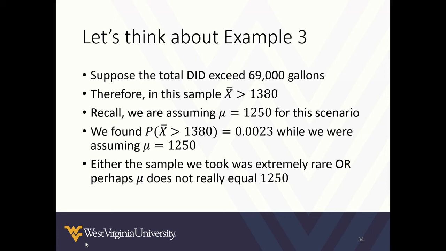And so having the situation where our sample mean was truly greater than 1,380, while we are assuming the true population mean of 1,250, that situation occurring is either extremely rare, because we're looking at it, 0.0023 is an extremely rare event to occur, or if this did occur, what it could imply is that this population mean of 1,250 isn't really true anymore.